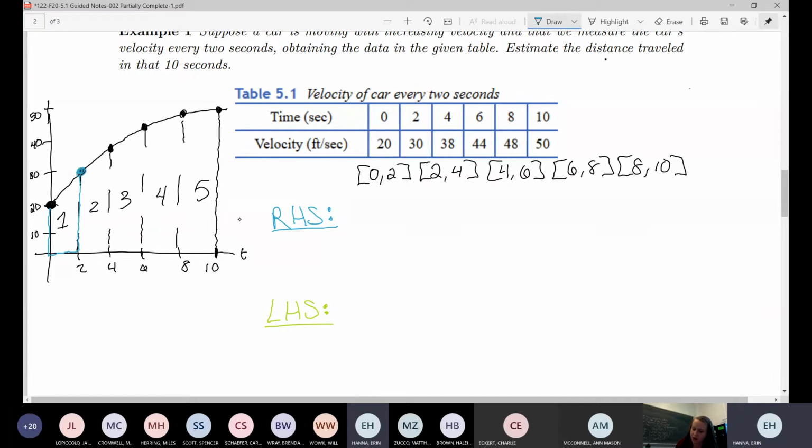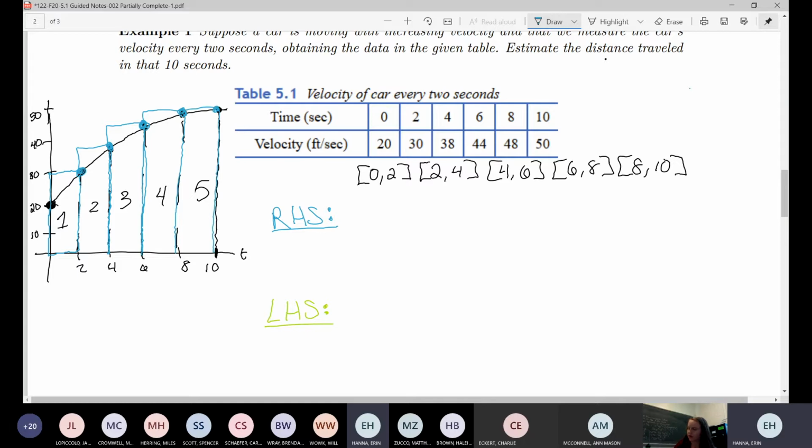So I'm going up to the right endpoint and using that as my height. For the second rectangle, I'm going to the right side, which would be t equals 4, using that for my height. For the third rectangle, I'm going over to 6, because that's my right side of the interval there. For the fourth rectangle, I'm going over to 8. For the fifth rectangle, I'm going over to 10.